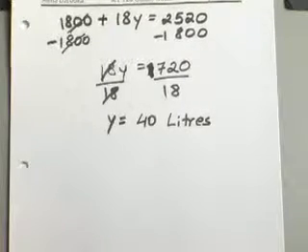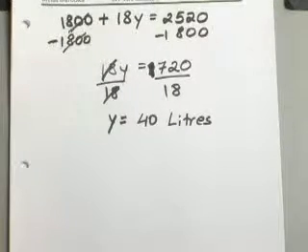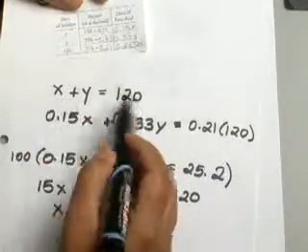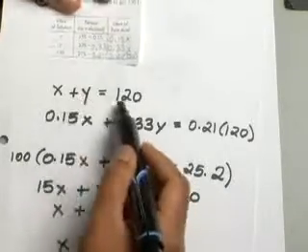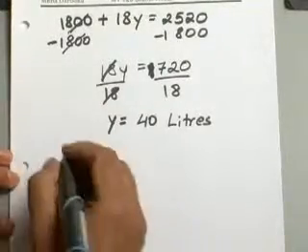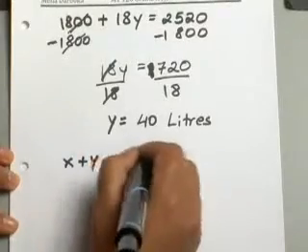Now to find your 15% acid, it's really simple, and the easiest equation to use would be the first one, x plus y equals 120, because we know both acids should add up to give us 120. So if one is 40, what is the other? You have x plus y equals 120.